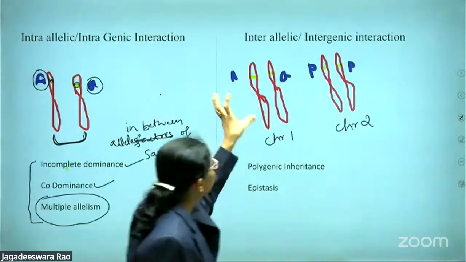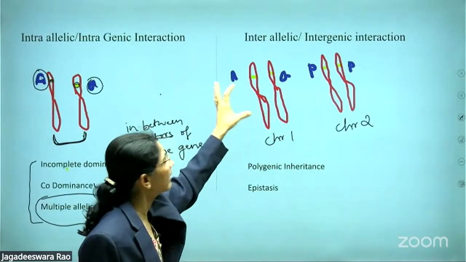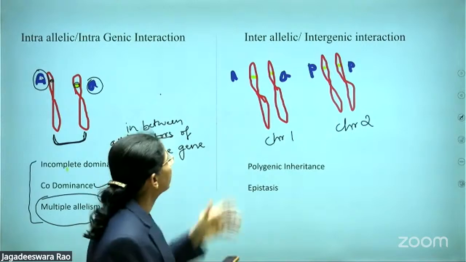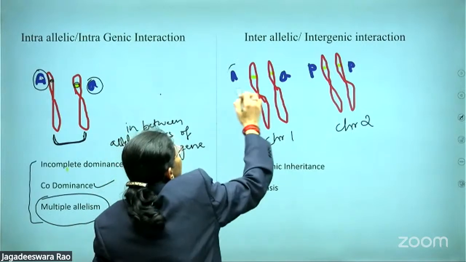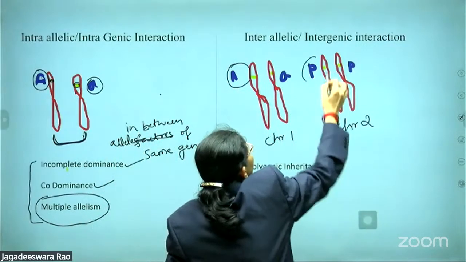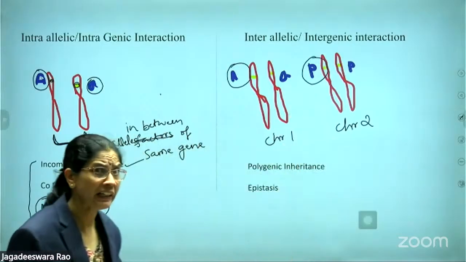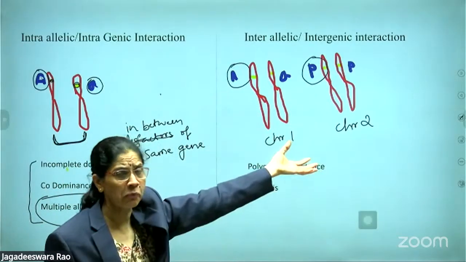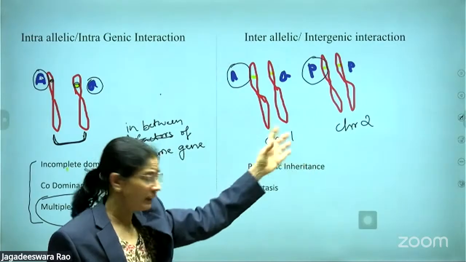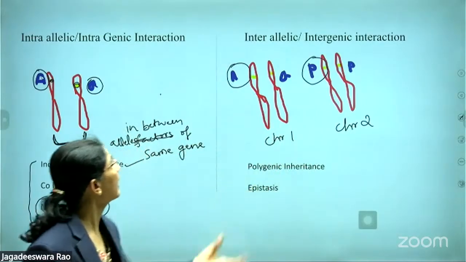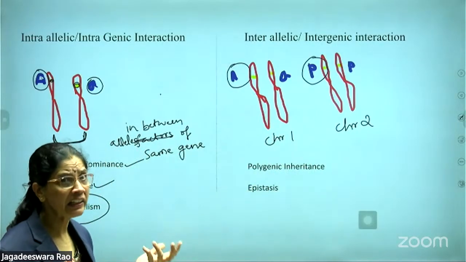If this first chromosome gene, that is axial position of the flower, interacts with the gene for purple color of the flower and it influences the expression of purple color of the flower, then that interaction is called interallelic.